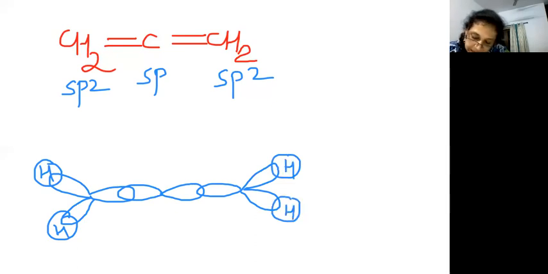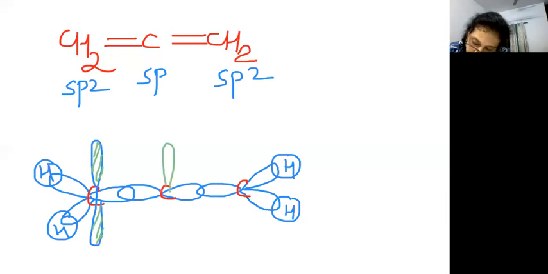Now let me write the names. So this is carbon, and this is carbon. And we need to put unhybridized p orbitals. So this is an unhybridized p orbital on carbon. Similarly, there is an unhybridized p orbital on the center carbon. So that I have made.